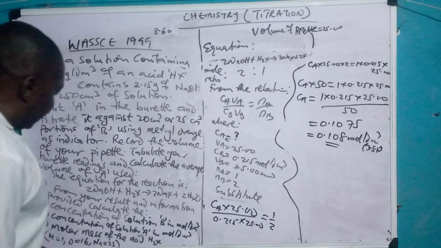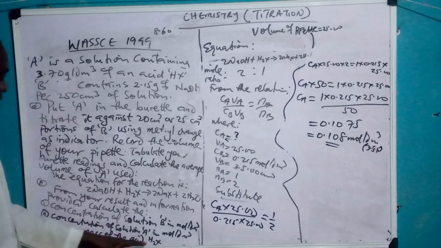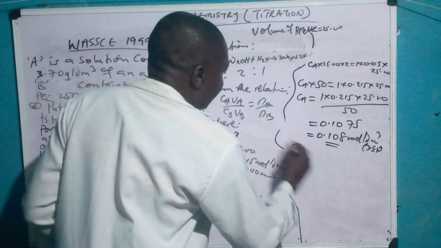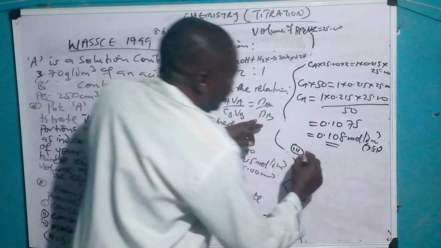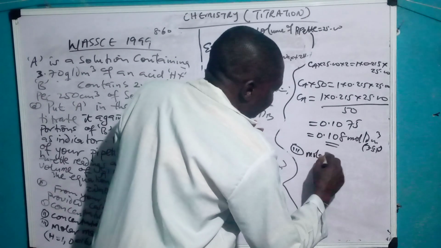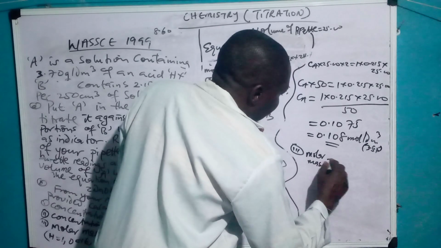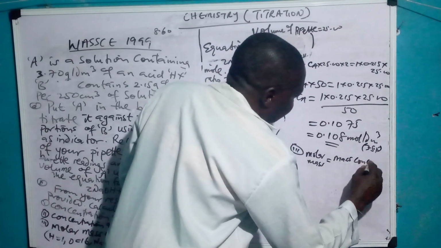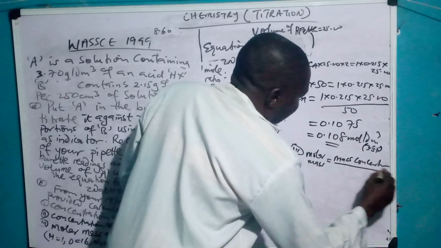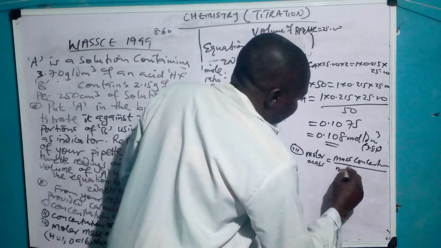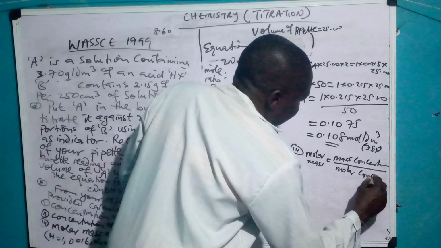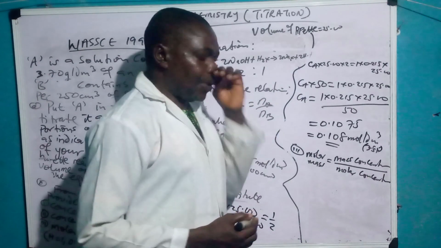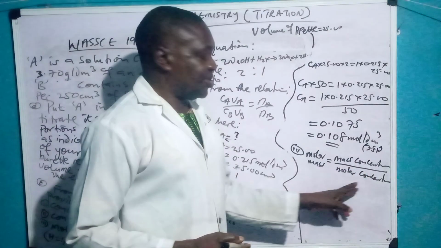Then the last question says molar mass of the acid H2S. That's question 3. To calculate the molar mass, you say molar mass equals mass concentration over molar concentration. Remember, you can also represent it as concentration in gram per dm cube over concentration in mole per dm cube.